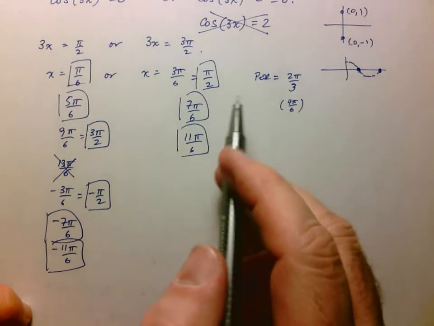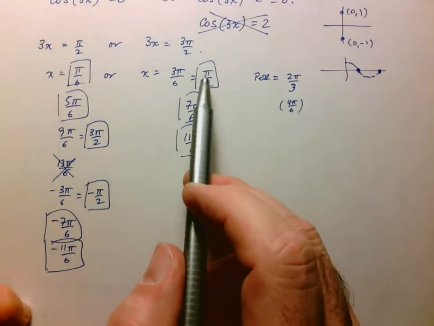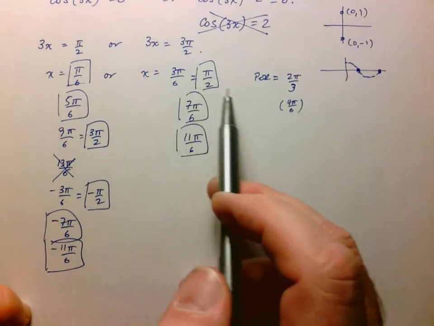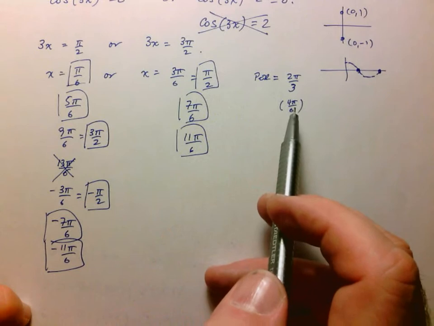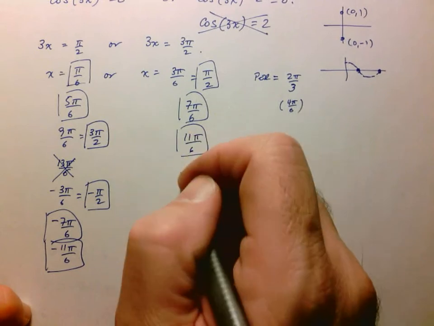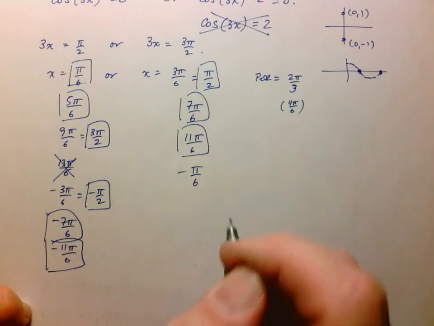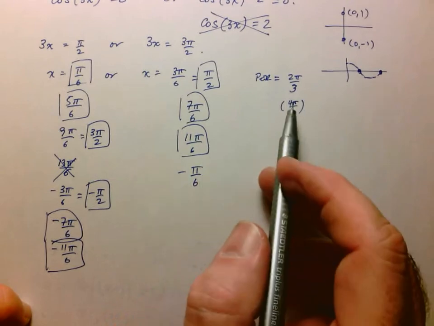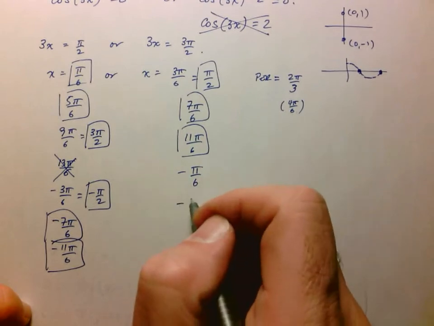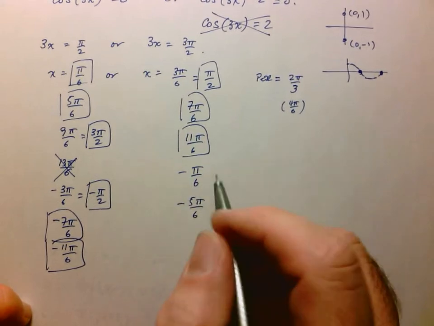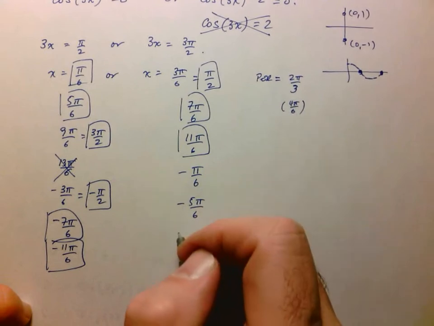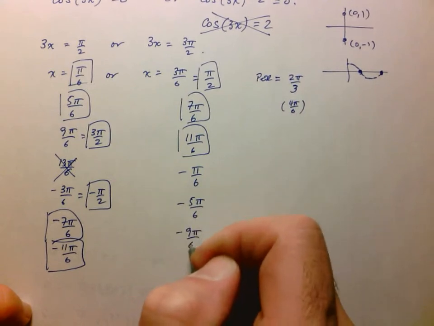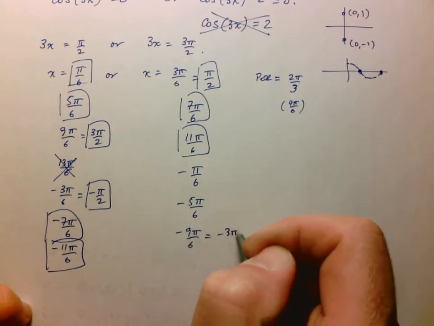Let's now start subtracting. Remember, let's write this as 3 pi over 6 minus 4 pi over 6. That's going to give me negative pi over 6. Let's subtract another 4, so that's going to be negative 5 pi over 6. Let's subtract another 4, that's going to be negative 9 pi over 6, which is just negative 3 pi over 2.